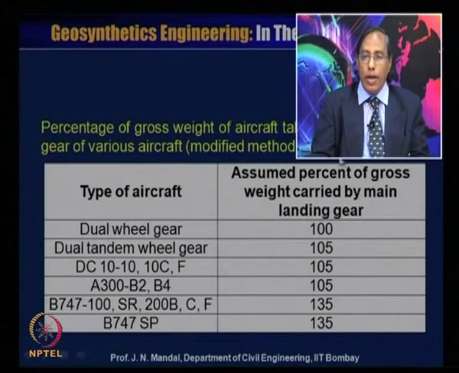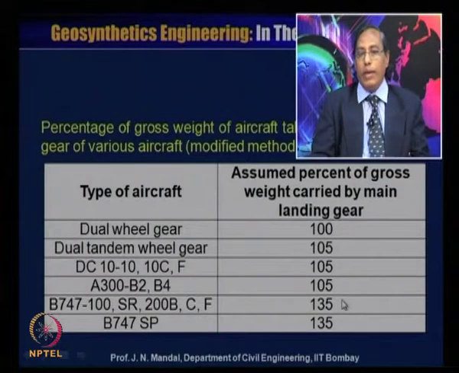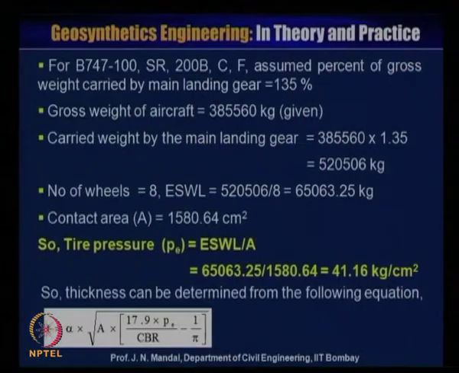For these, we assume the percentage of the gross weight carried by the main landing gear starts from 100 and, as you can see, goes up to 135. This is what has been modified, because for heavy loads you have to consider more load on the landing gear. For B747-100 SR 200 BCF, the assumed percentage of gross weight carried by the main landing gear is 135%.